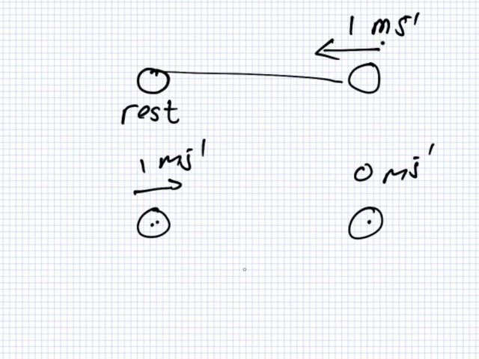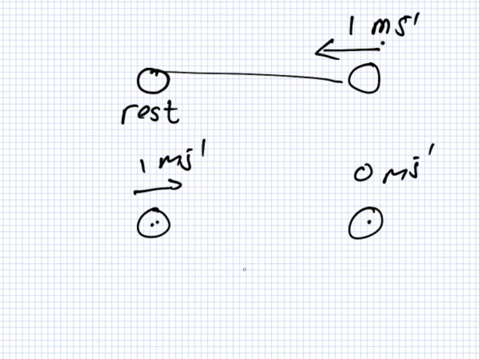That if this was not moving and I moved 1 meter per second, that's the same as if this is not moving and this one is 1 meter per second. So it can be like this, or it can be like this. So you don't care who's moving, you only care about how fast they are compared to each other.